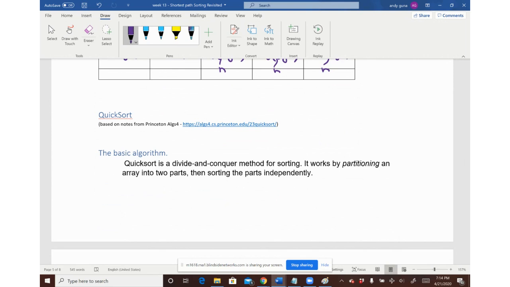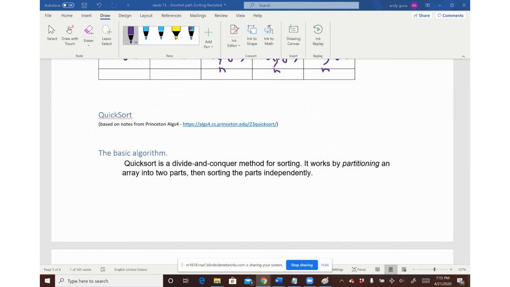The person who invented this algorithm is British. He got a knighthood for inventing the Quicksort algorithm. So it's had its impact. That's why he was given a knighthood.